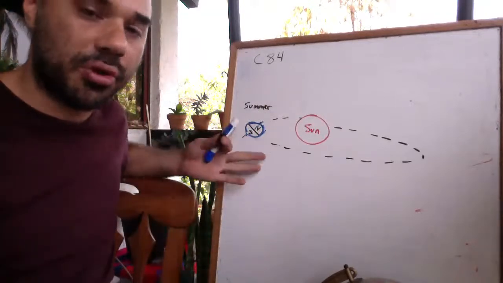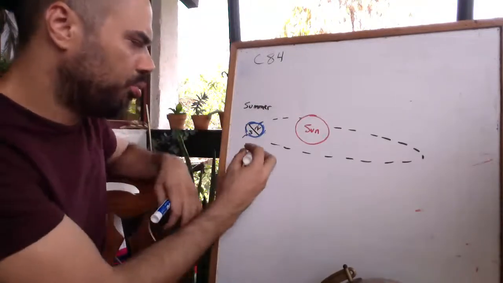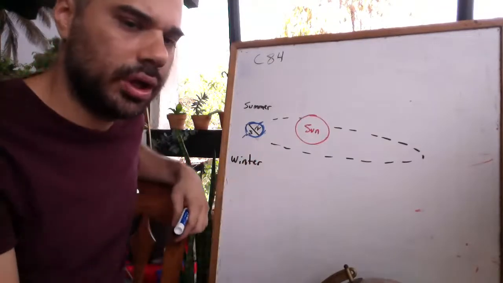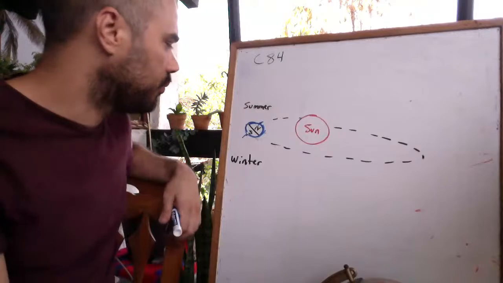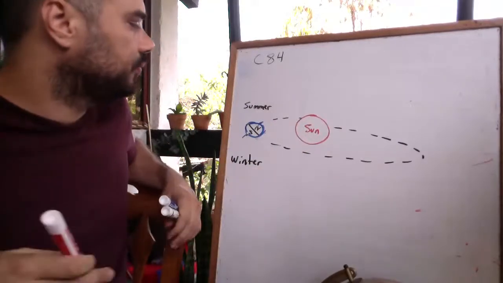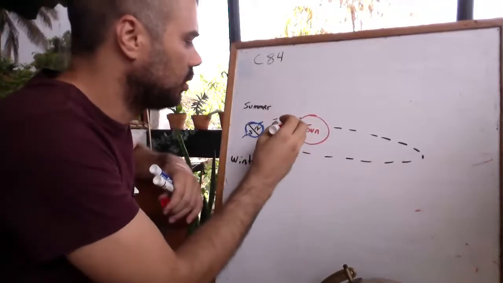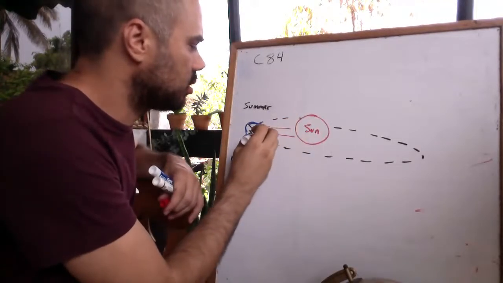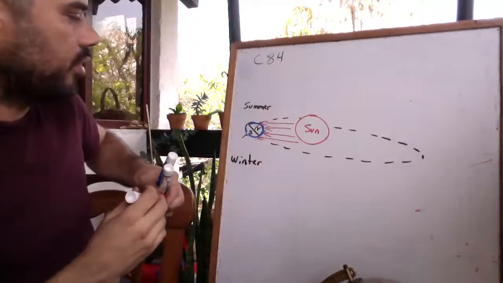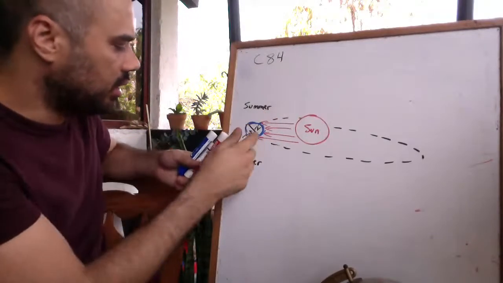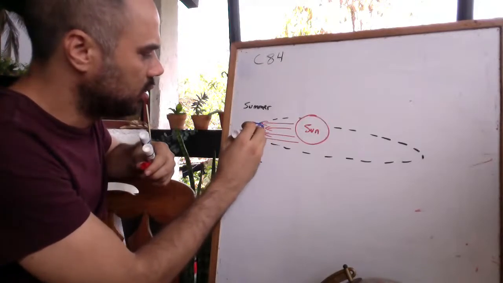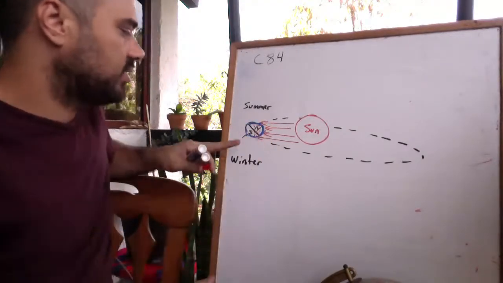Summer in the northern hemisphere, but it is winter in the southern hemisphere. Why? If you look at the sun's rays, they are hitting the northern hemisphere more than the southern hemisphere.